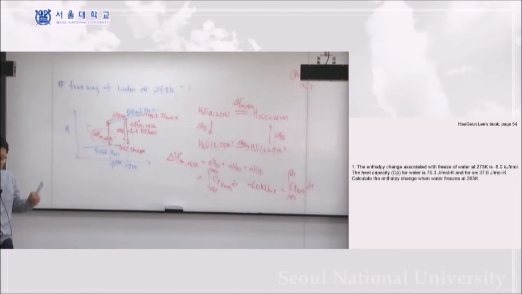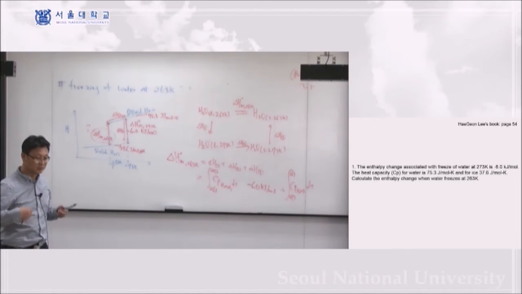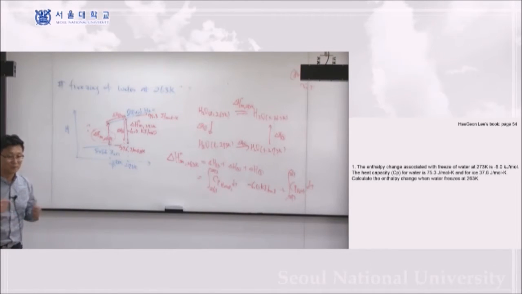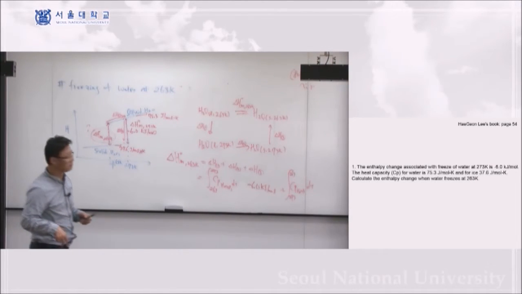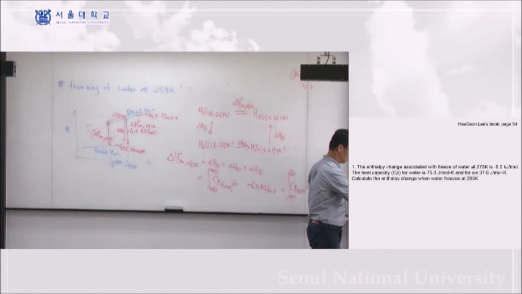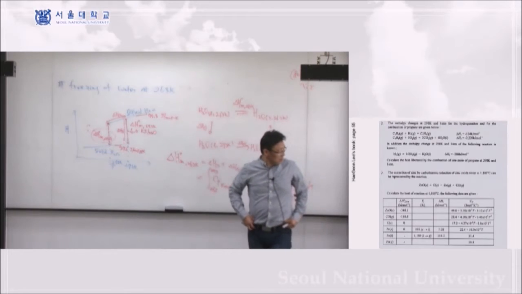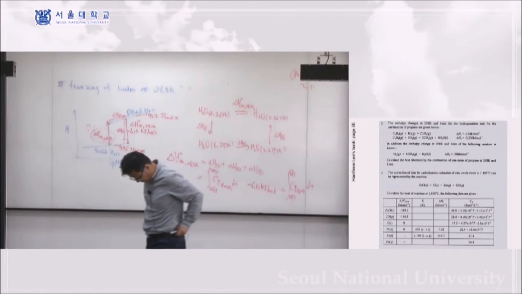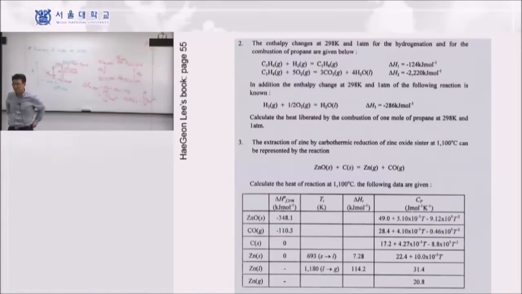So most of the time, what we are doing is continuously just practicing Hess's law based on the available information. Is that okay?